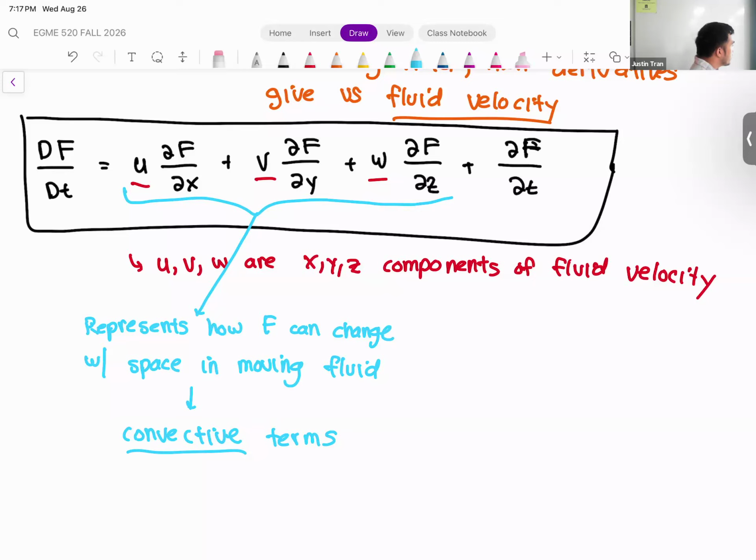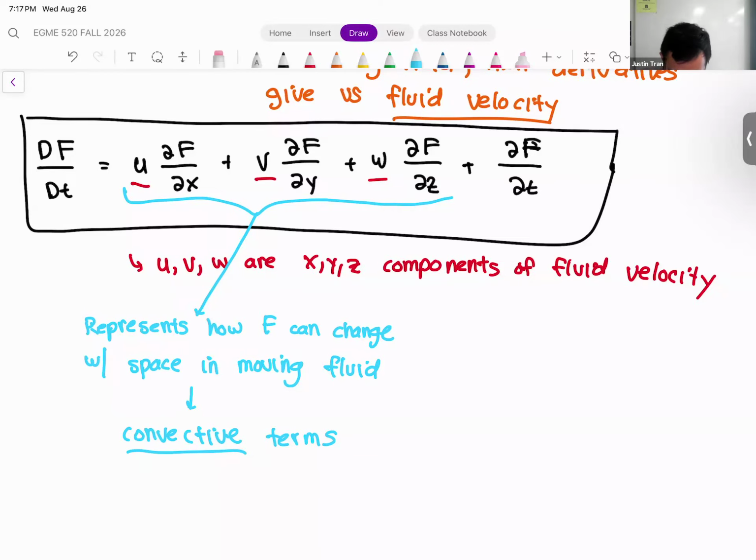Convection is the idea that things can get transported in a moving fluid. One example of the material derivative is applying this to heat transfer. If you plug in the temperature of a fluid for f, then this expression gives you the rate of change of temperature in a moving fluid. So temperature can change with time, and it can also be convected and moved along in space by the moving fluid, okay?